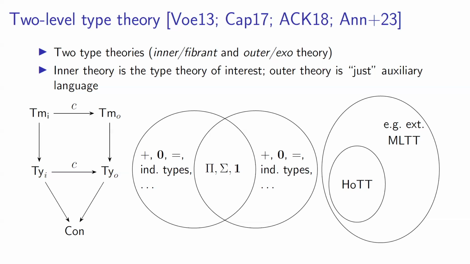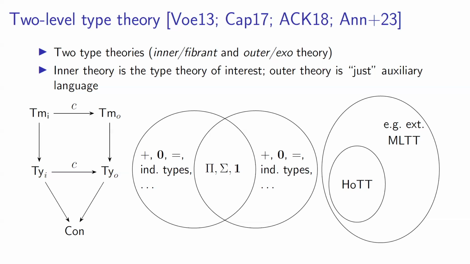What does this mean? We could formulate this differently, as two type theories, and the condition that this commutes has some consequences. Namely, the two theories essentially share certain type formers, like pi, sigma, and unit.